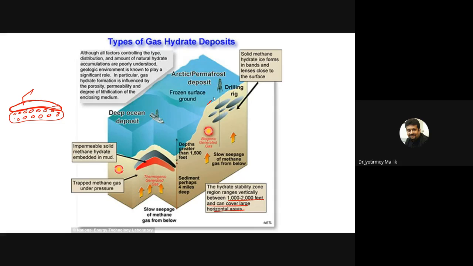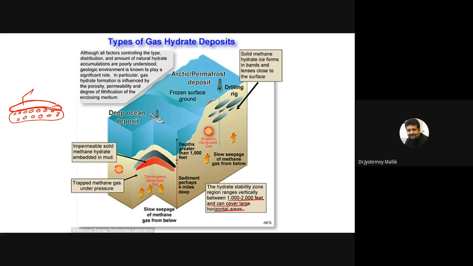If they are shallower, what essentially happens is that the gas hydrates do not stay within the ice crystal. They escape naturally. So you will find ice, but you will not find ice which is rich in methane, or which is rich in the natural hydrocarbon gases. So you have to have a depth window of around 1,000 to 2,000 feet.